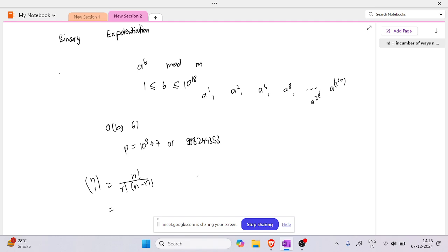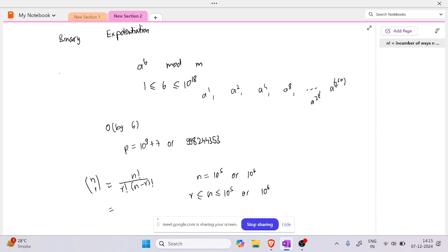Usually in competitive programming context, n is 10 to the 5 or 10 to the 6 at the most. And r is obviously less than or equal to n, because you can't choose more than n objects out of n objects. So r is also fairly reasonable.